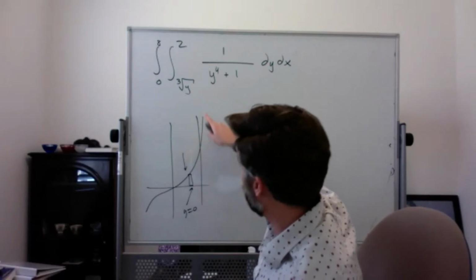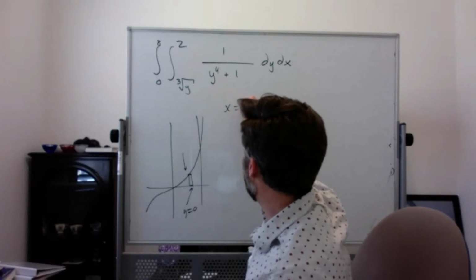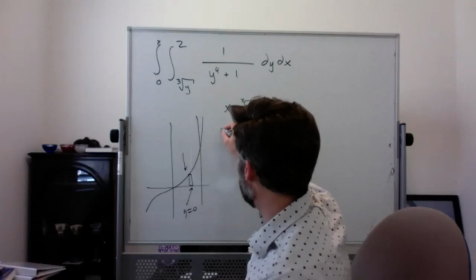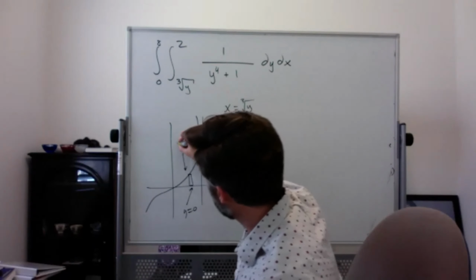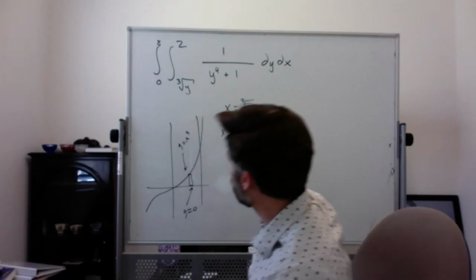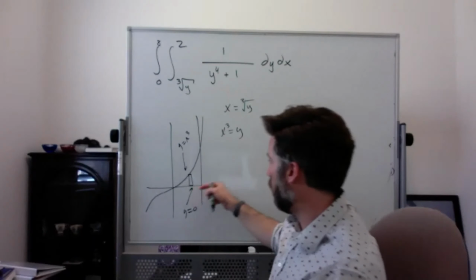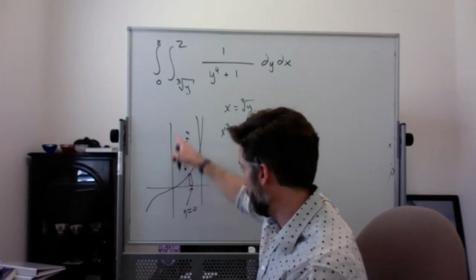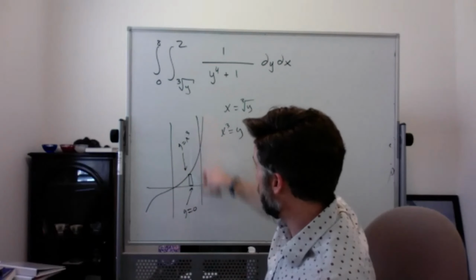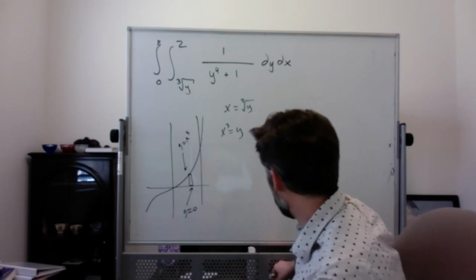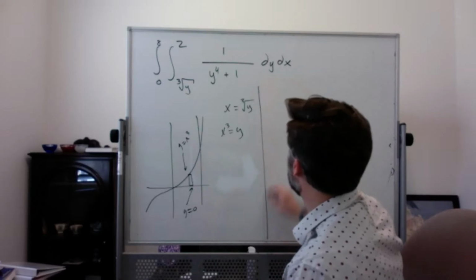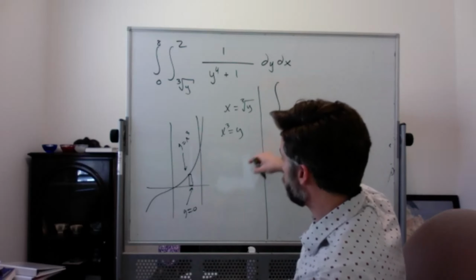The upper bound is going to be x equal to the cube root of y, which becomes y equal to x cubed. And then our strip is going to slide as far left as x equals 0, as far right as x equals 2.